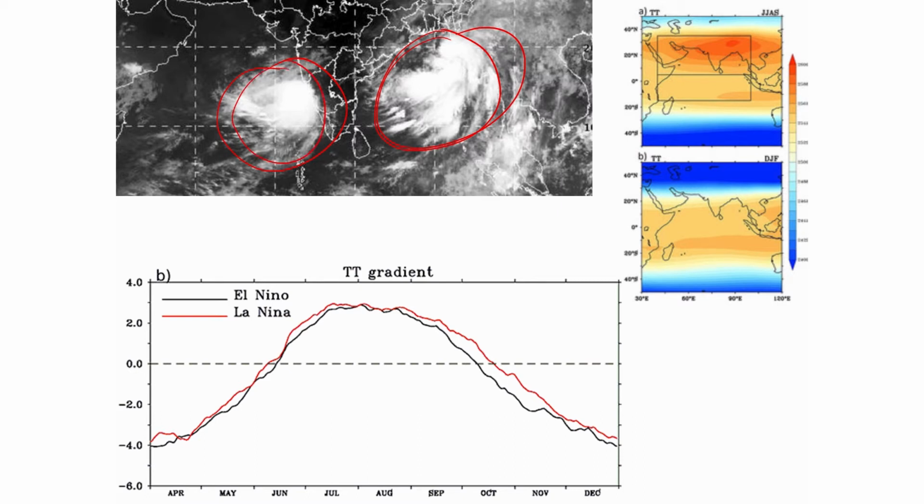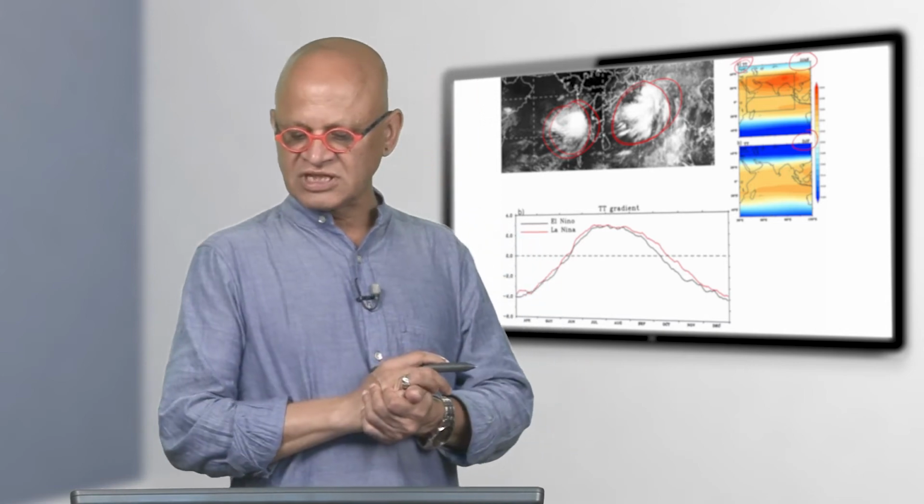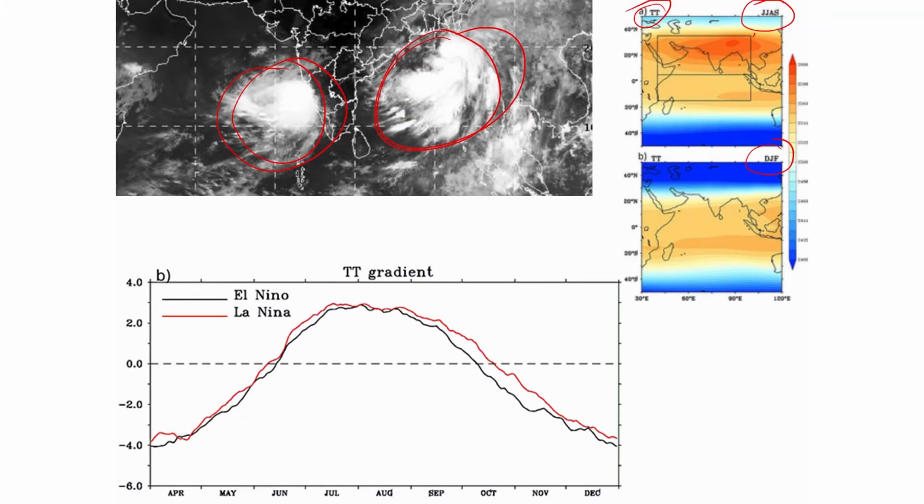And if you look at the temperature distribution in the troposphere, this is called the tropospheric temperature, during June, July, August, September when we have rain, and December, January, February when ITCZ is to the south. You can see that the tropospheric temperature is warmer to the south, obviously, colder here. So if you take two big boxes like this and average the temperatures and take the difference, this minus this, then here this is colder than this.